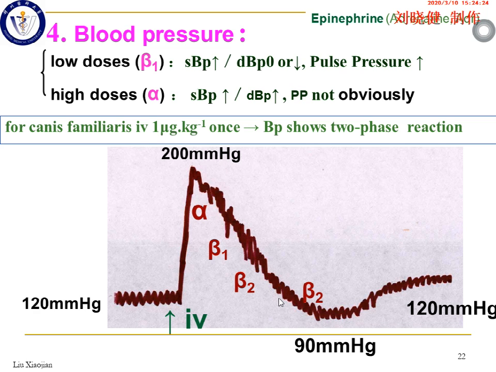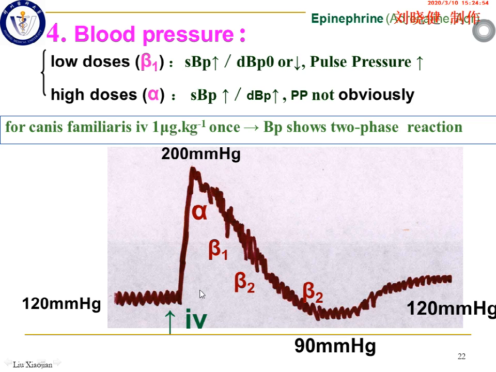Alpha-1 is not very sensitive to epinephrine. At low dose, effects caused by alpha-1 almost disappear. So especially beta-2 receptor in the blood vessels induces vasodilation. So finally, it induces vasodilation. Blood pressure even decreases, even lower than the normal state.